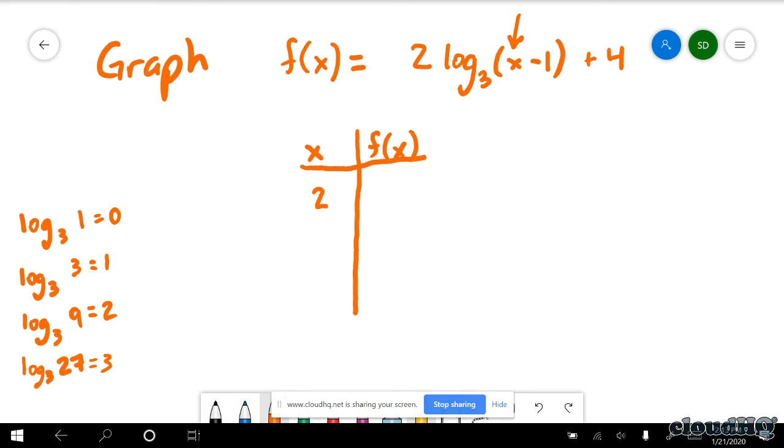Right? When I plug 2 in, we get 2 log base 3 of 1 plus 4. We just identified that log base 3 of 1 is equal to 0. So 2 times 0 is 0 plus 4 is 4.